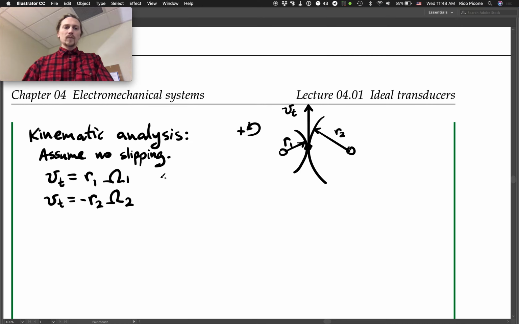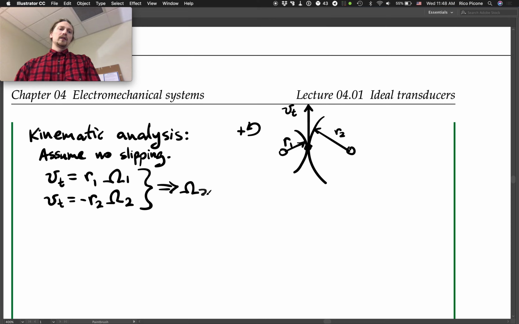If you take these together, you can set them equal, Vt equals Vt, and you can get a relationship between omega 2 and omega 1, and it is negative R1 over R2.